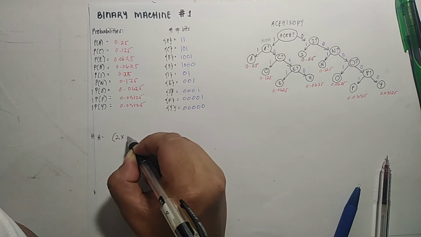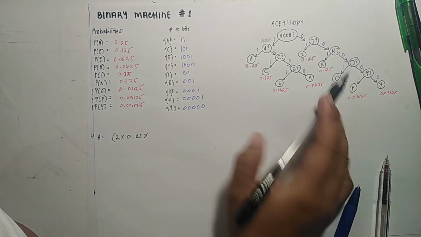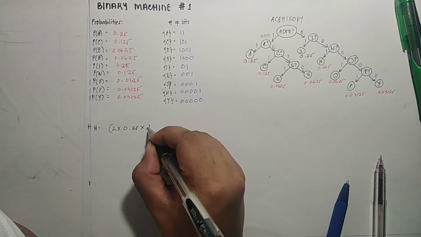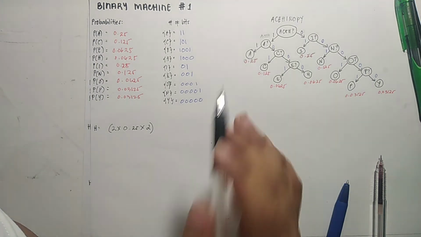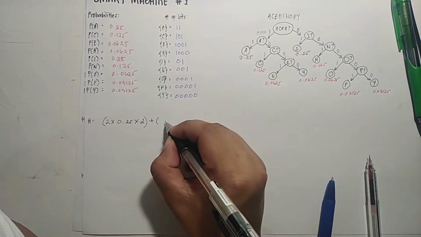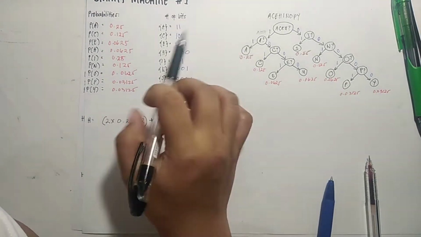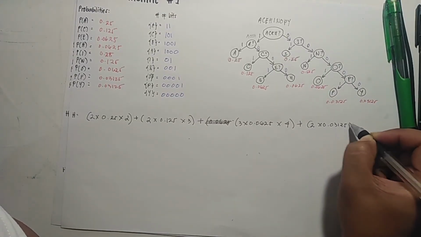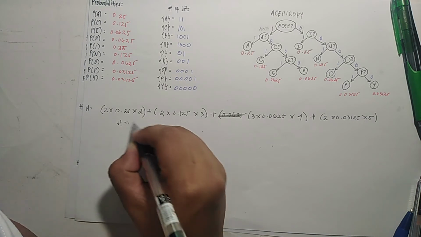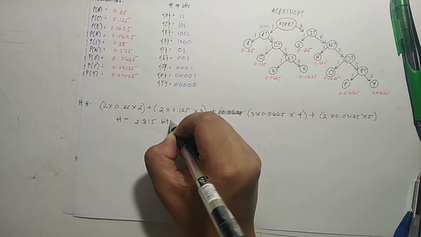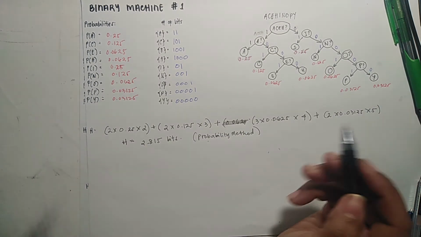So 2 times 0.25 times the bit number, and that is 2 bits, so that will be multiplied by 2, and we will add all the probabilities together. So our H would be now 2.815 bits.